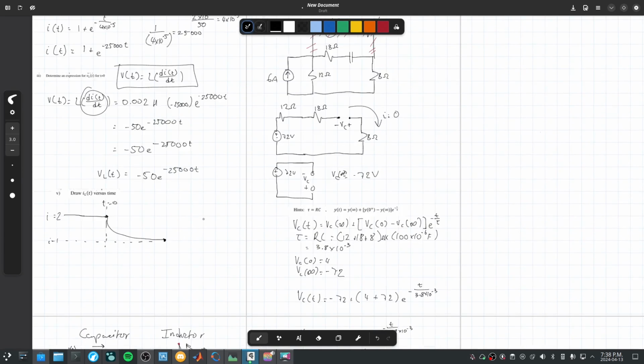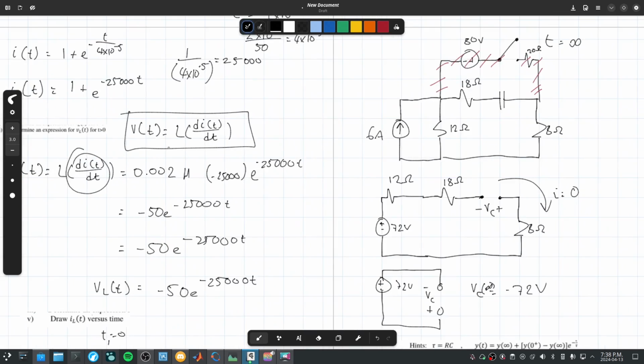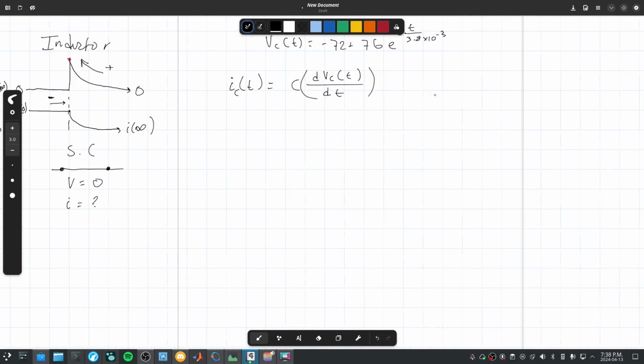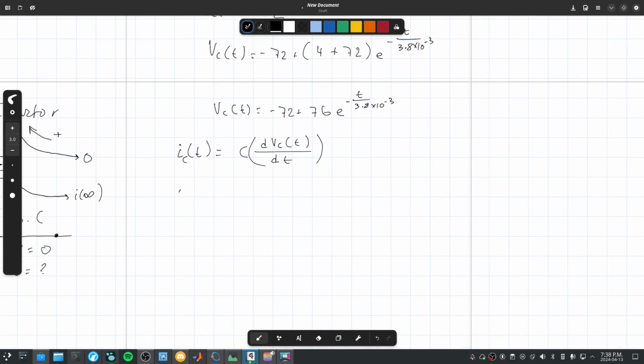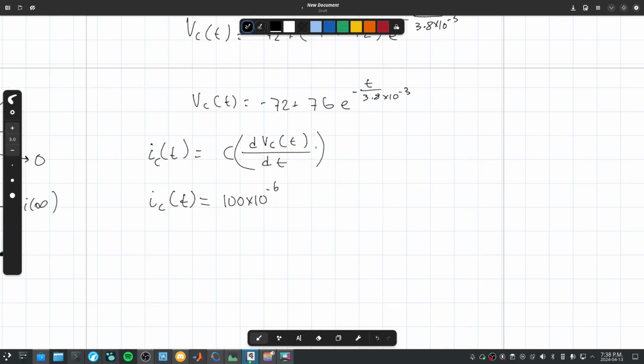Again, this is the exact same thing as our inductor. We just flip around the voltage and current. So we do that: IC(t) is equal to the capacitance, which is 100 times 10 to the negative 6. You always work in SI units.